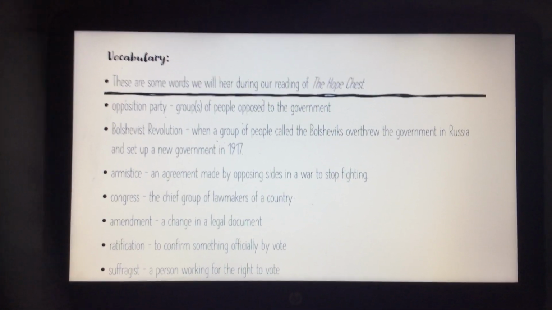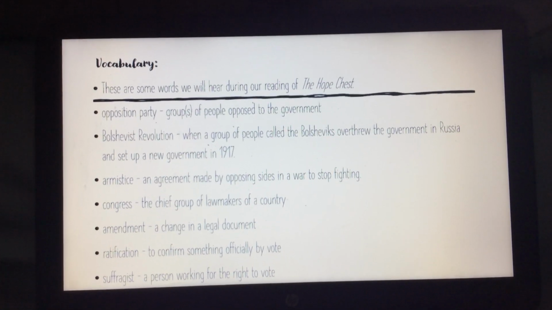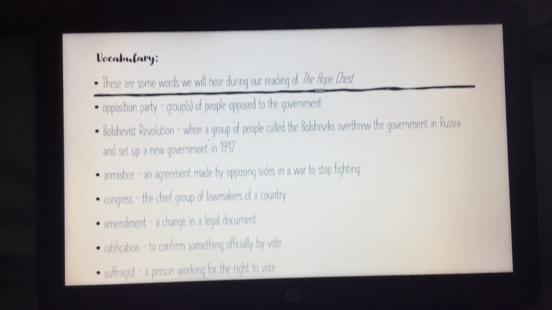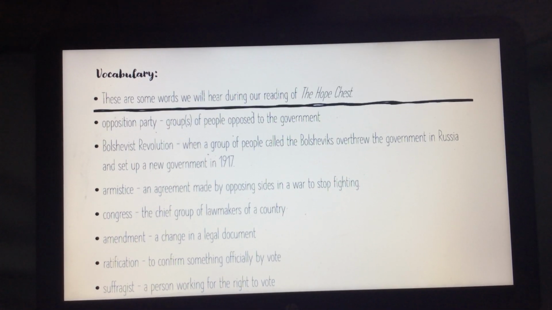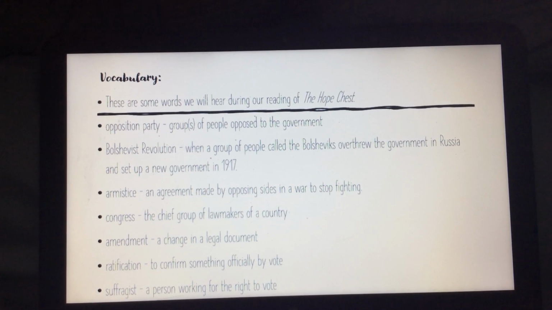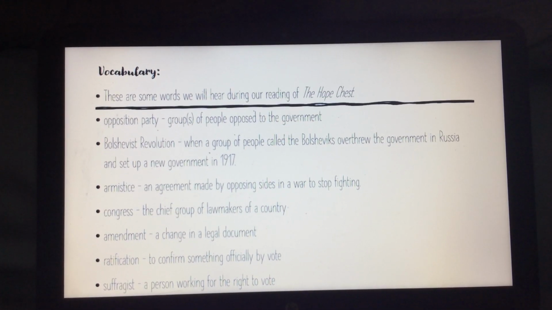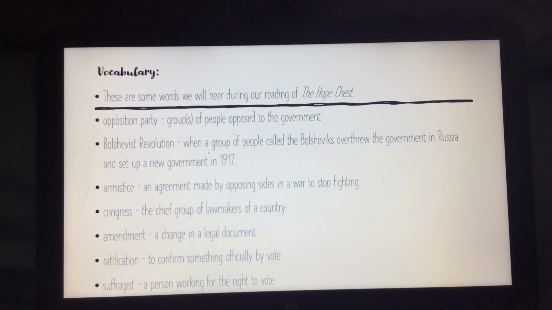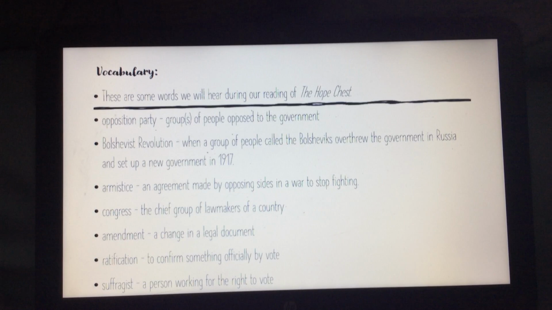All right, these are some vocabulary words that you may see or hear throughout the reading of our story. Okay, opposition party. It's a group or groups of people opposed by the government. The Bolshevist Revolution was when a group of people called the Bolsheviks overthrew the government in Russia and set up a new government in 1917.